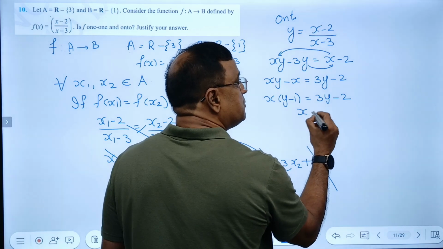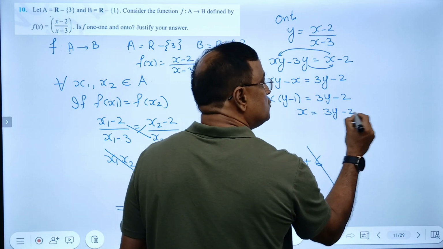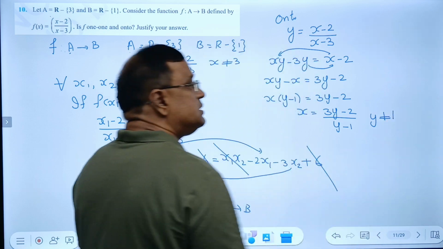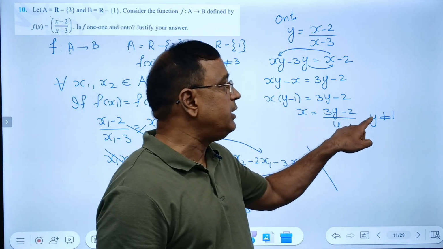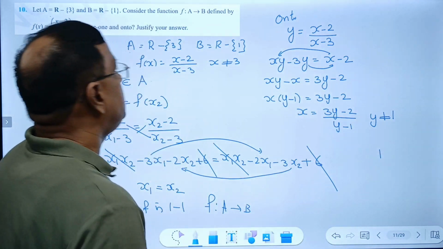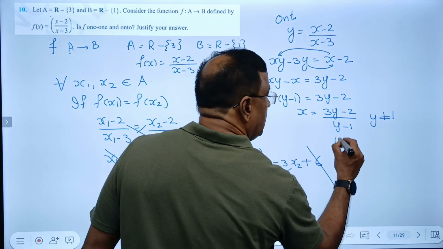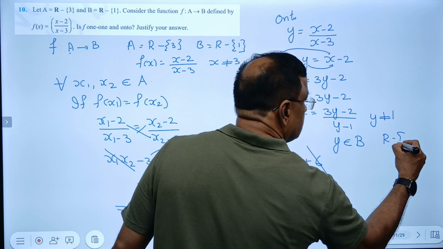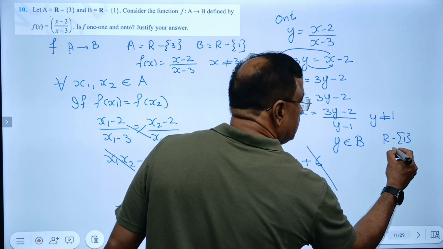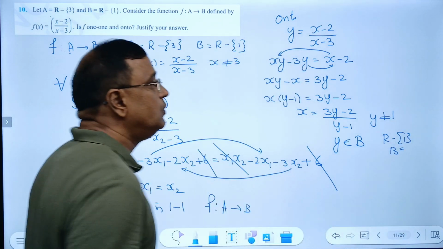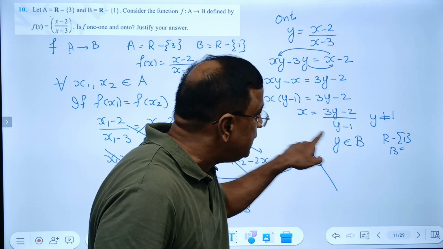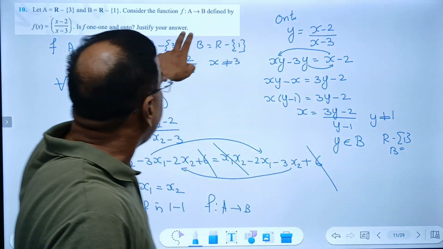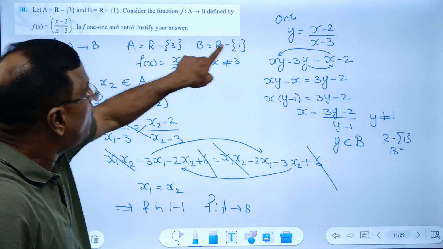So what is x equal to? x equals (3y minus 2) by (y minus 1). Clearly y cannot be 1. This function will not exist for y equal to 1. Nothing to worry about, because y belongs to B, where B is R minus 1. Even though it's not defined at 1, in my codomain B, 1 is removed.